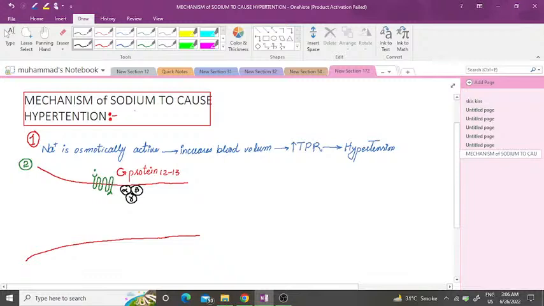This G protein 12 to 13 is inhibitory in nature.